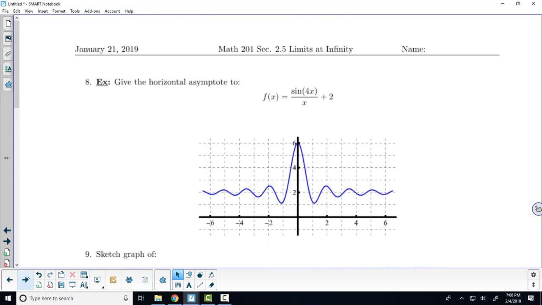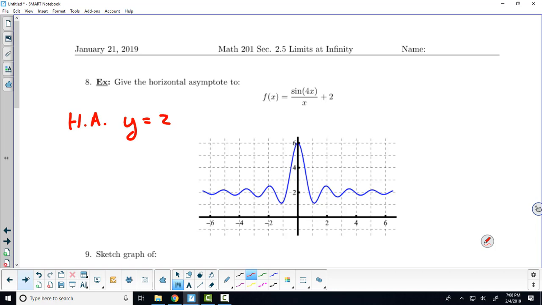Look at the next page. This function has a horizontal asymptote where? Horizontal asymptote is long-term behavior. As you go far to the right, not a y-intercept, what are the y values doing?